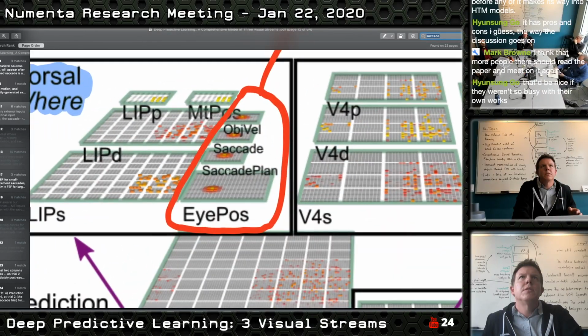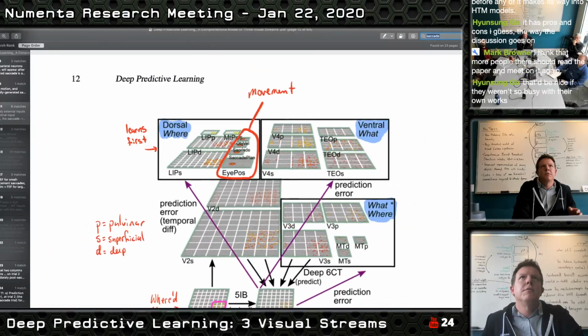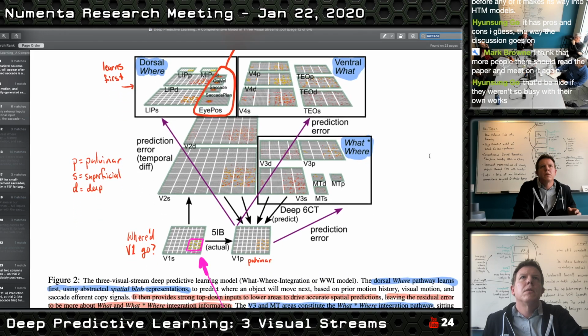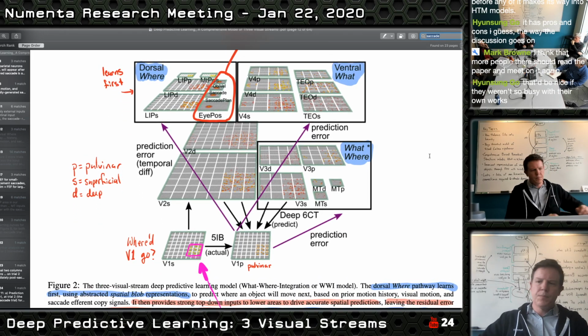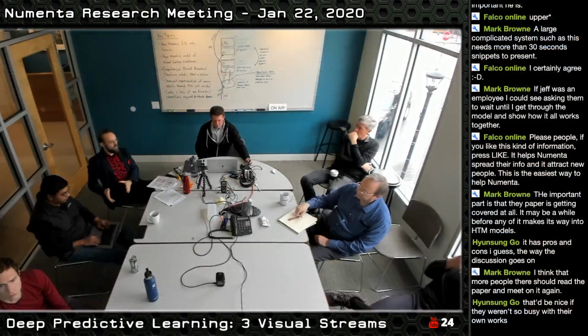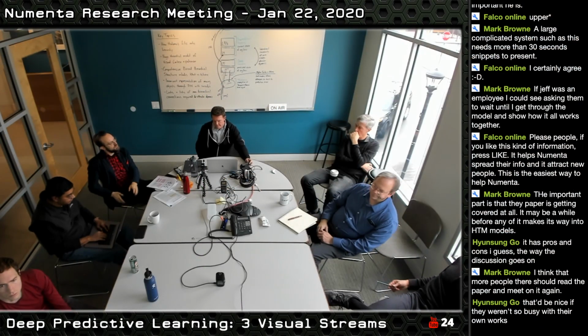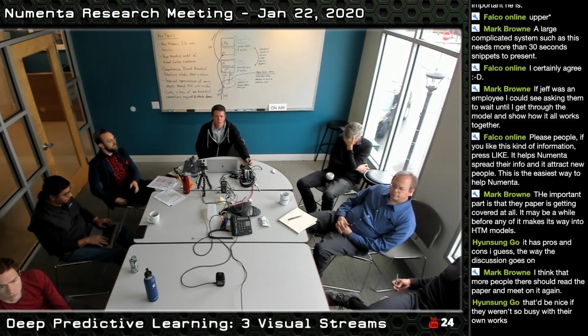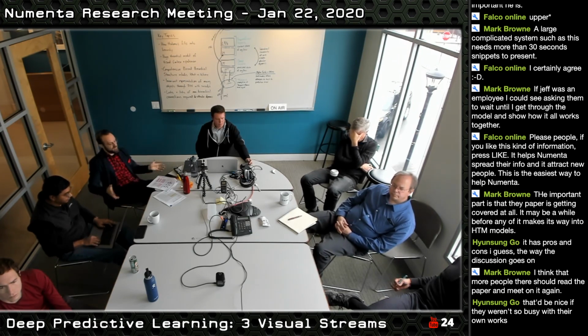So you now have one area where you get that information for the saccadic information. And you have a different stream where that is not part of the picture, so you need to learn representations that are invariant to that. And that, in fact, leads to this whole idea that you can have multiple streams.